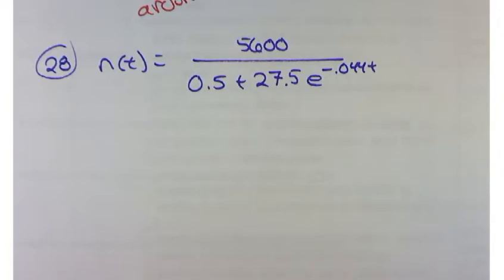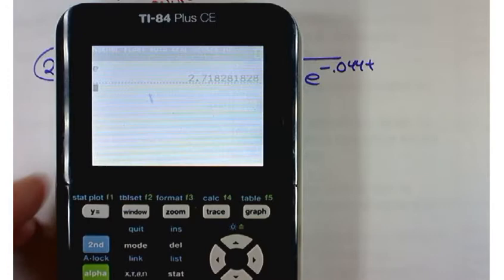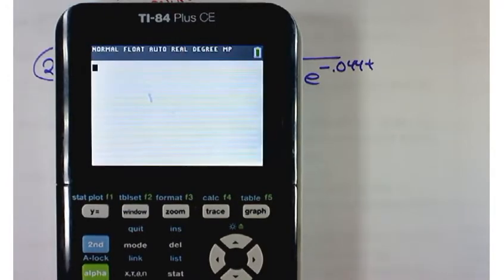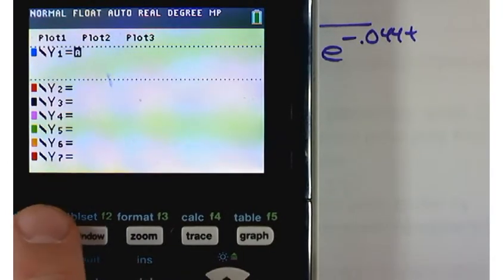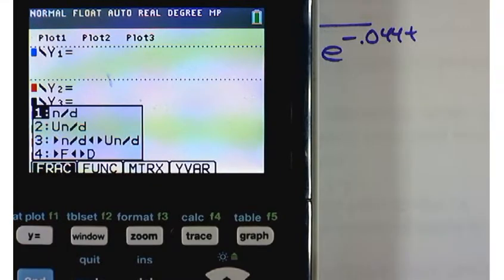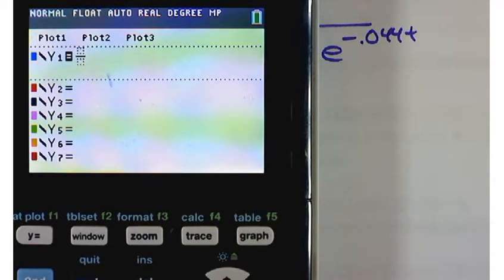Now, when you put it into your calculator, I think the easiest way to do this is to take advantage of some of the tricks that you can do on your calculator. Let me clear this out. Hit the alpha key, then the y equals key. That gives you a menu that allows you to put in different fractions. Choose the first option there, so that you've got a numerator and denominator.